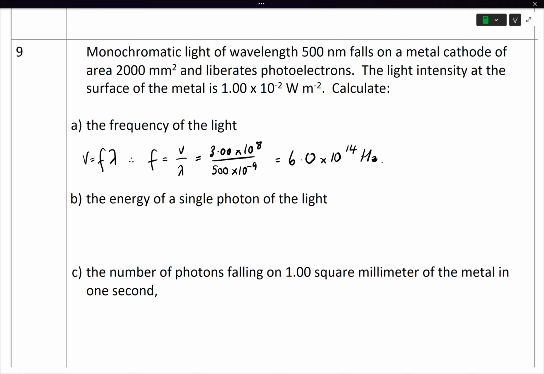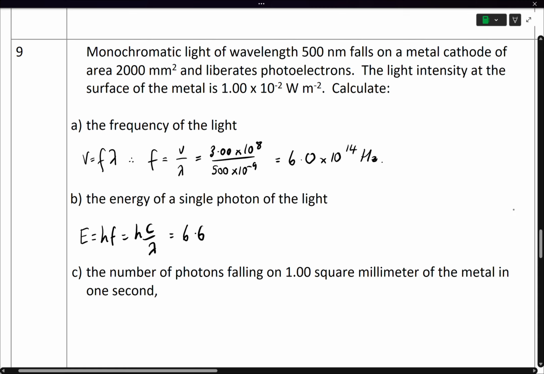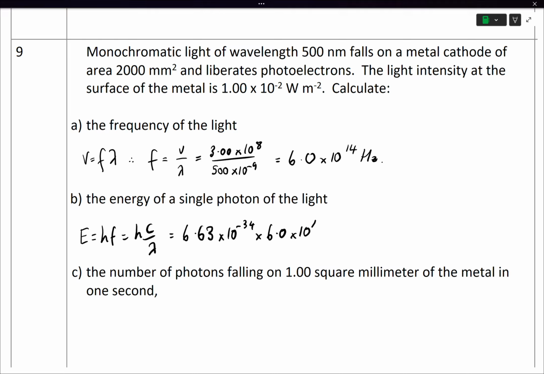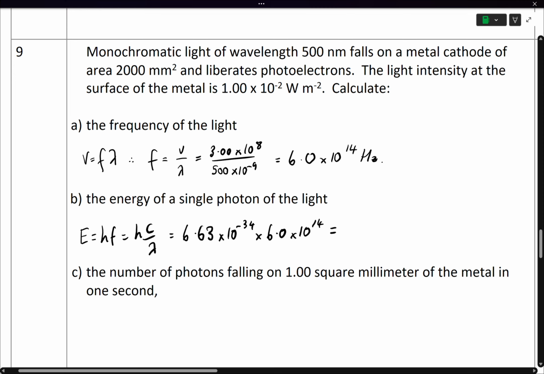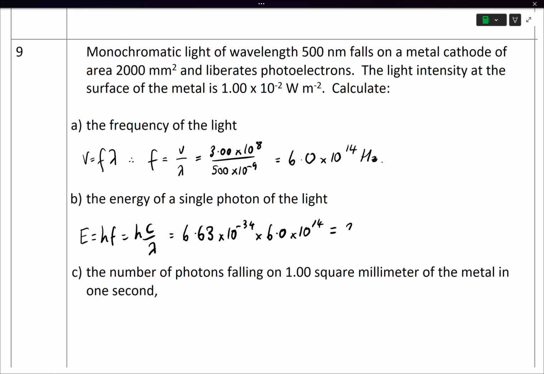The energy of a single photon of light, so we know E is equal to hf, or is equal to hc over lambda. We can use either. Let's use hf, so 6.63 times 10 to the minus 34 multiplied by 6.0 times 10 to the 14, which gives me a value of 3.98 times 10 to the minus 19 joules.